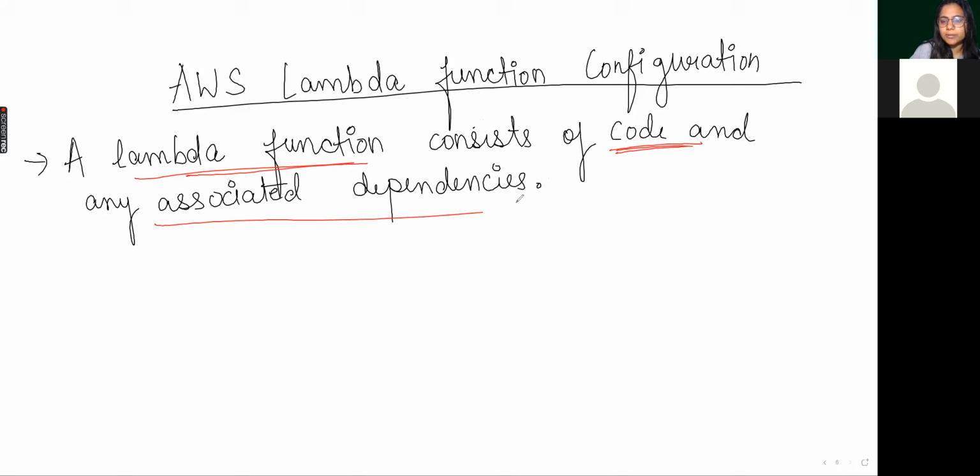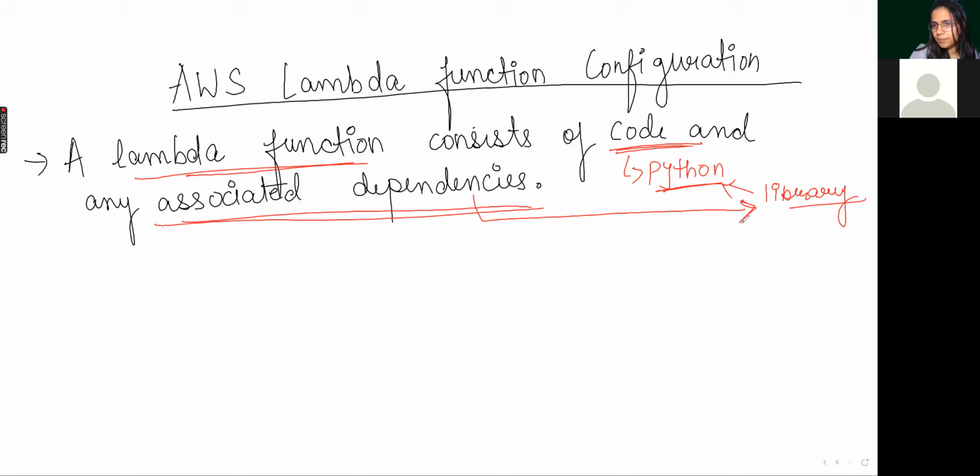And any associated dependency means that, see, you are trying to run Python code. So it should include the important libraries that are required to implement the Python code. You can say those are the associated dependencies. So whenever you create a Lambda function, it should have the code or the information and the associated dependencies that are required to run that information. Getting it? Got it.